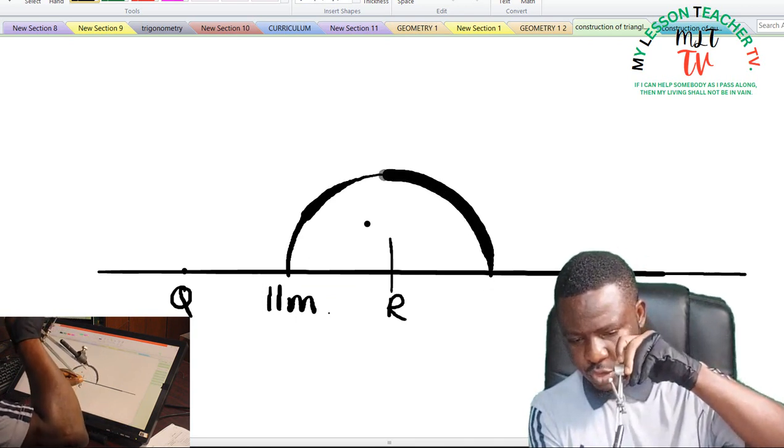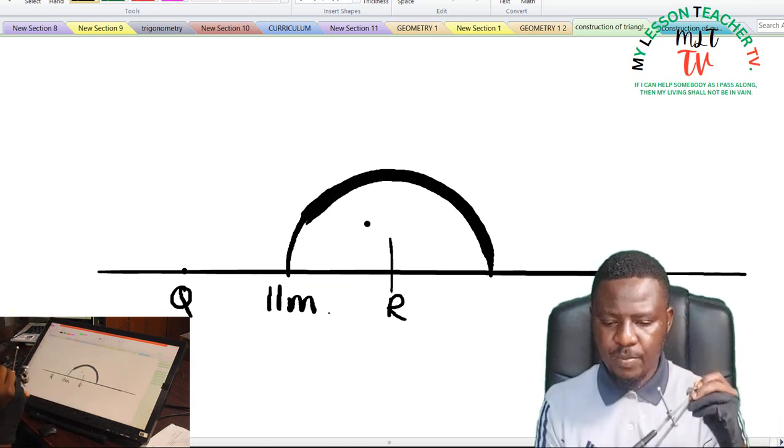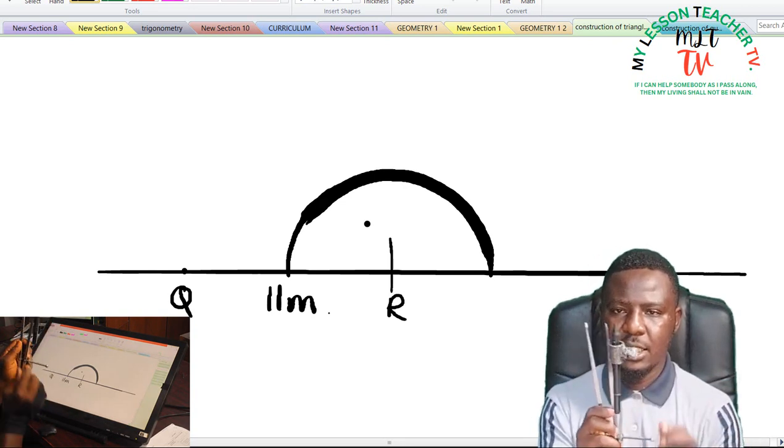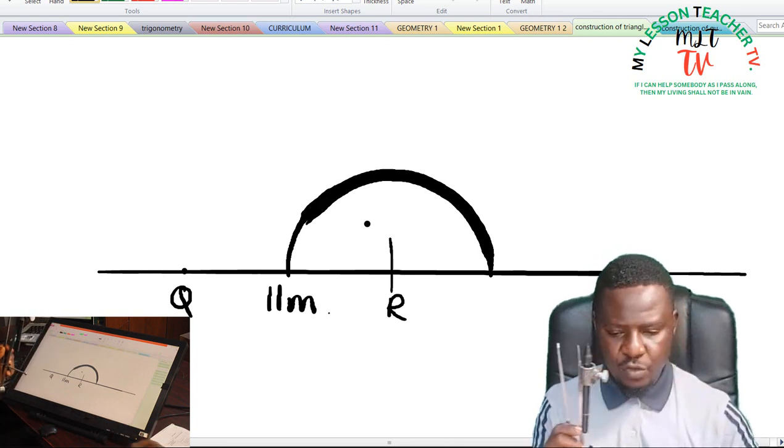This you ensure. Okay. Now, I'm not going to alter the radius that I have used.